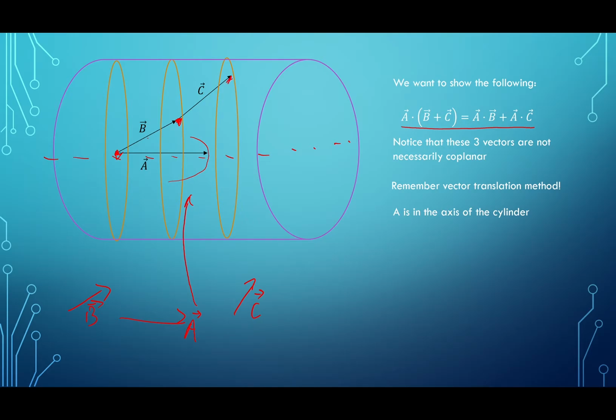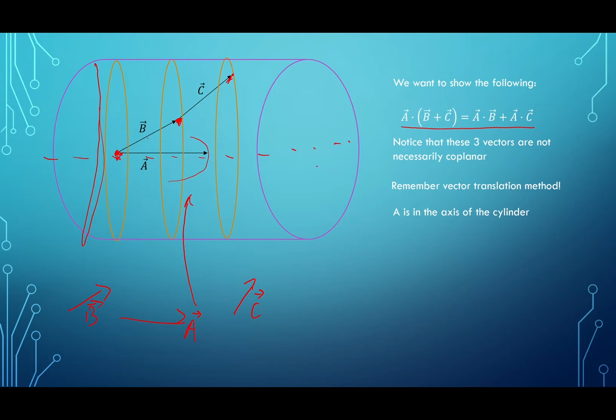For each point we draw a circle that is parallel to the base of the cylinder, perpendicular to the axis, and contains one of these points. So we get three orange circles here, one for each point.